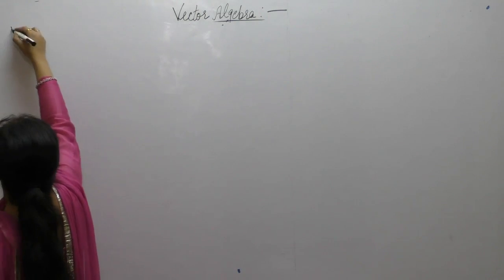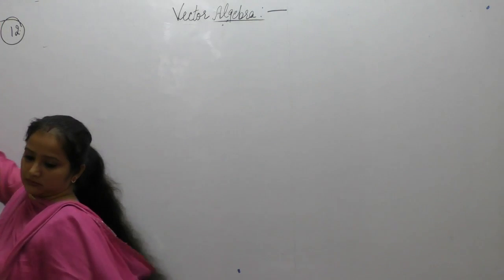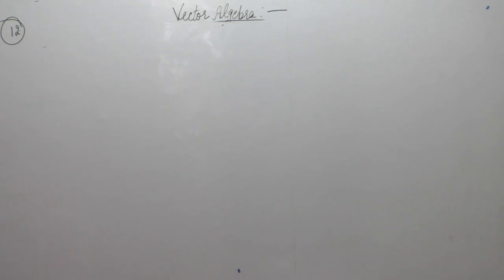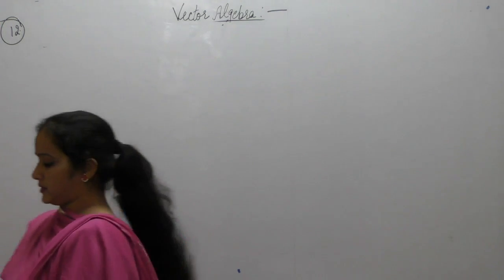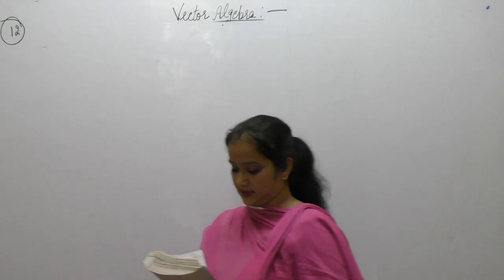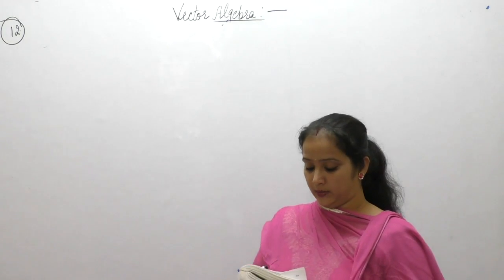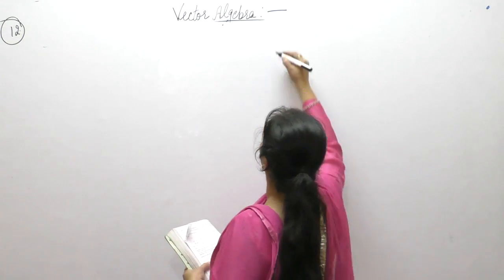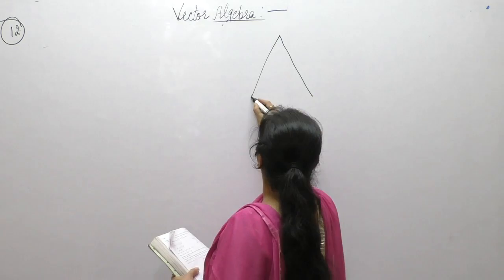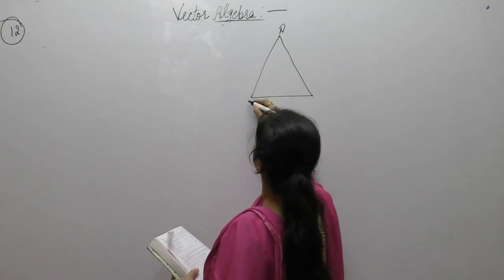Now next one, prove that sum of the vectors directed from the vertices to midpoints of opposite sides of a triangle is 0.